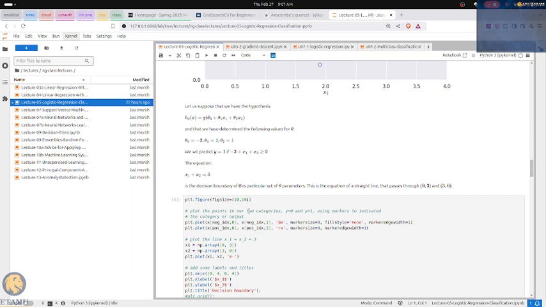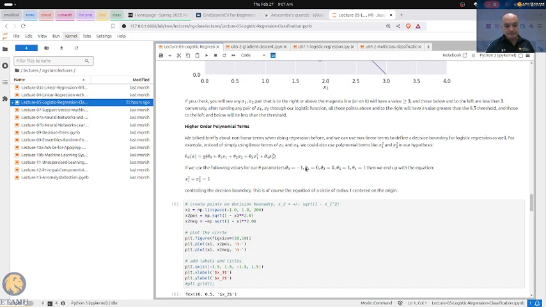Right? So if we have two parameters, x1 and x2, instead of just using linear combinations as our hypothesis function to fit a linear decision boundary, we could by hand add in some higher degrees, some higher polynomials for our hypothesis function.